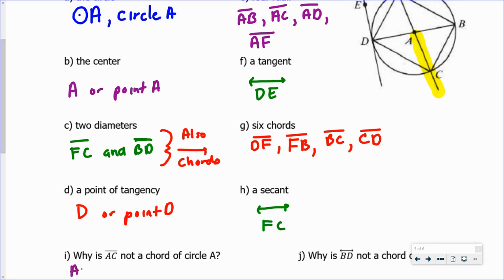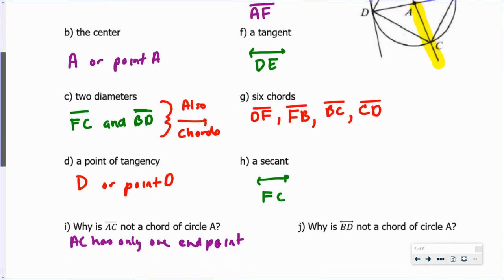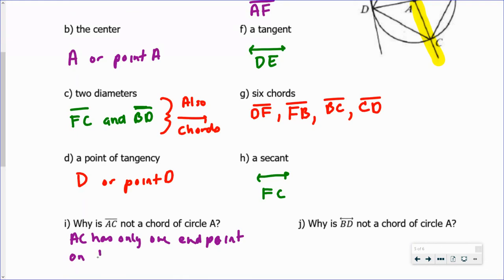So AC is actually a radius of the circle.